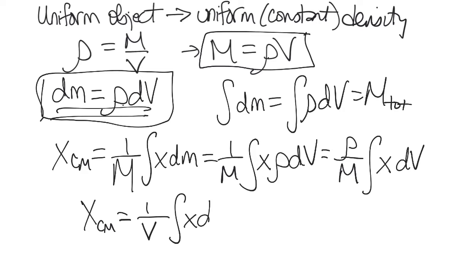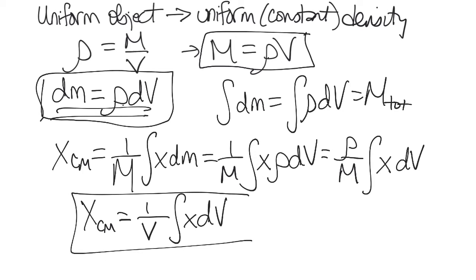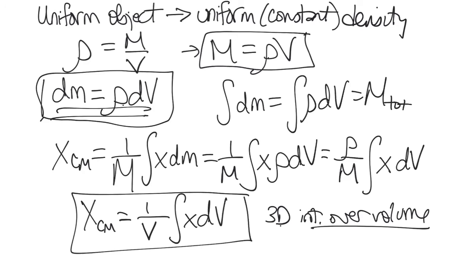So this is how we get this. Now this is going to be more useful. This is for 3 dimensions, and you integrate over volume, which I'm not sure if you've done before. So it's more useful, but it's not super useful.